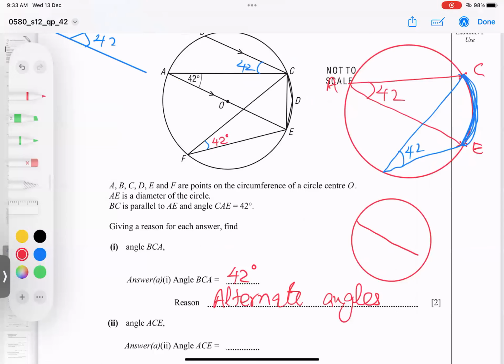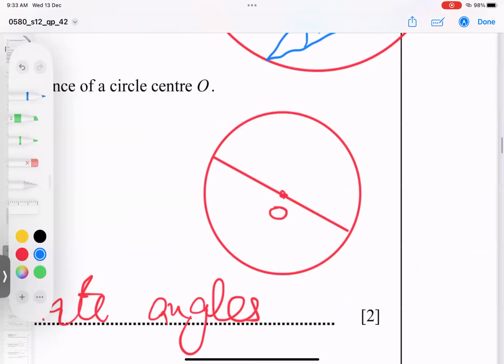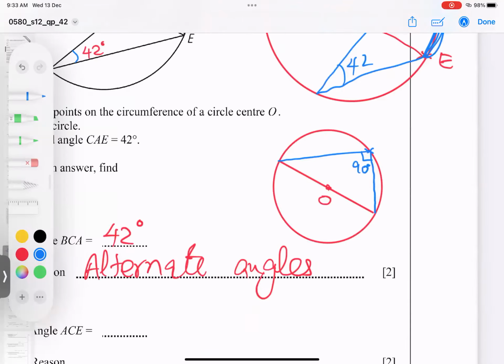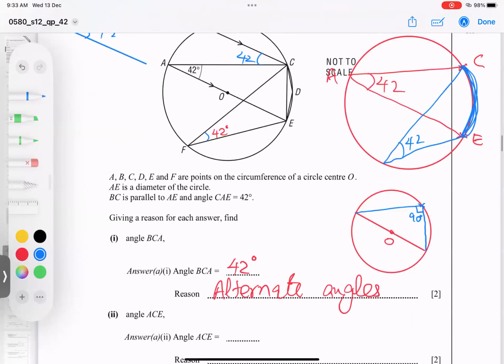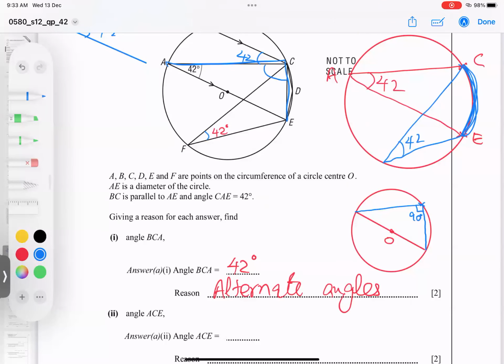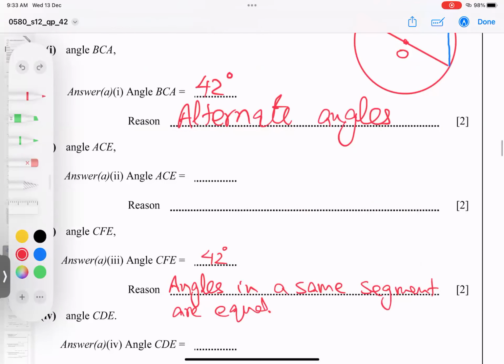Whenever any point on the edge of the circle is joined to the ends of the diameter, this angle is always 90 degrees. So ACE is 90 degrees, and I'm writing directly here, this is 90 degrees.